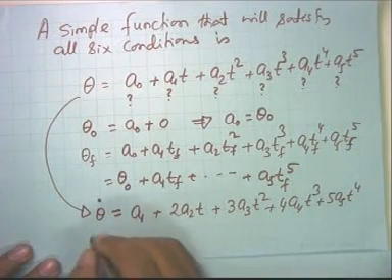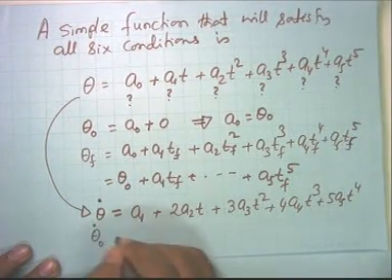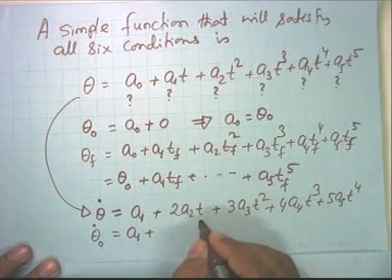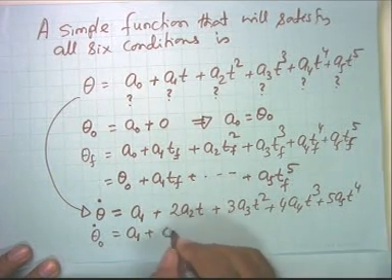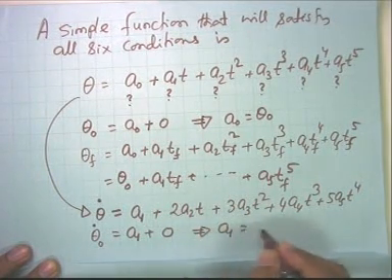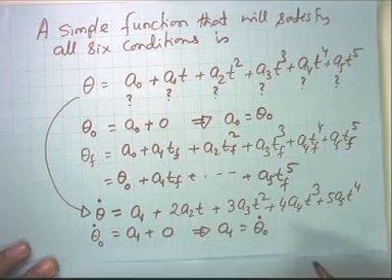So, theta 0 dot is equal to A1 plus terms that are all 0 at t equal to 0. So, this gives me A1 equal to theta 0 dot.